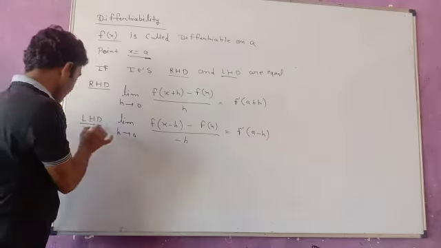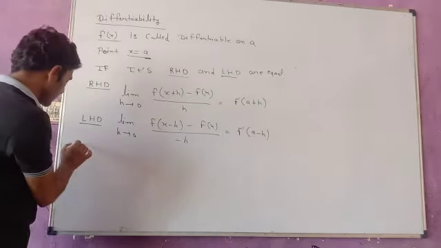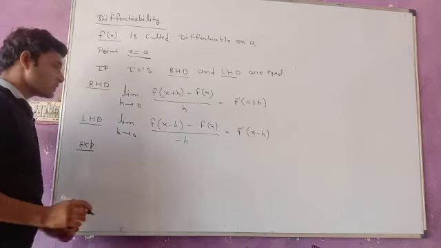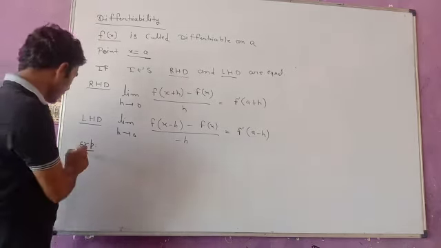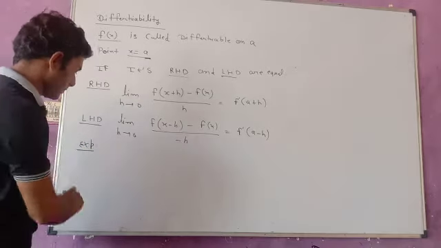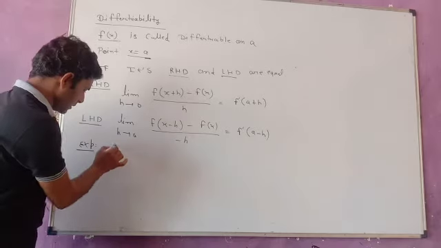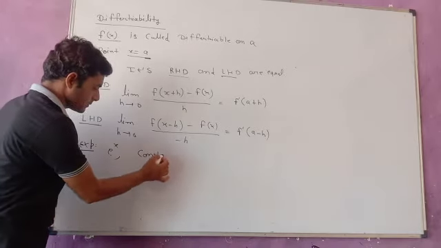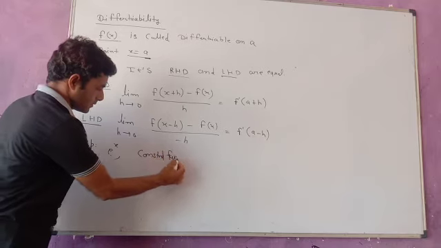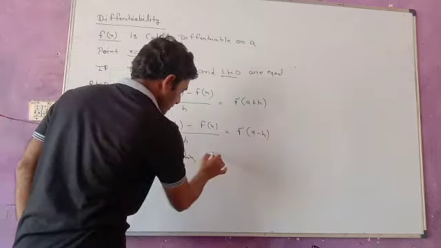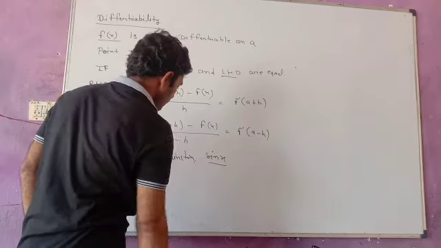Okay, some examples. Some functions are differentiable at every value of x where x belongs to R, like e power x, a constant function, and the trigonometric function sin x.